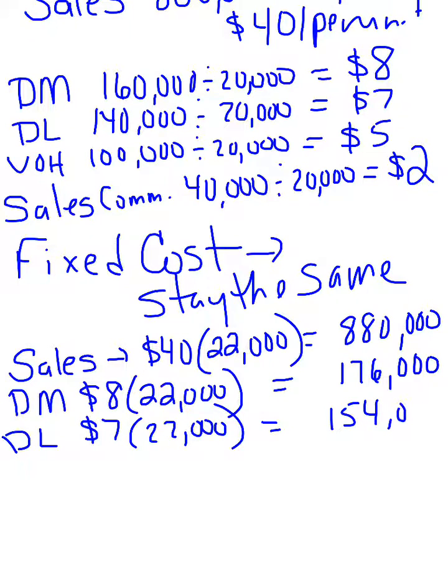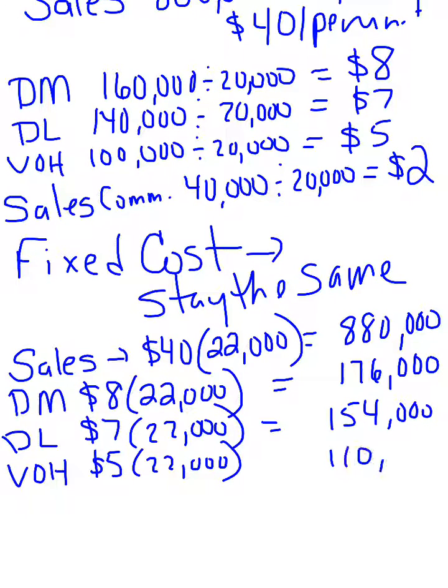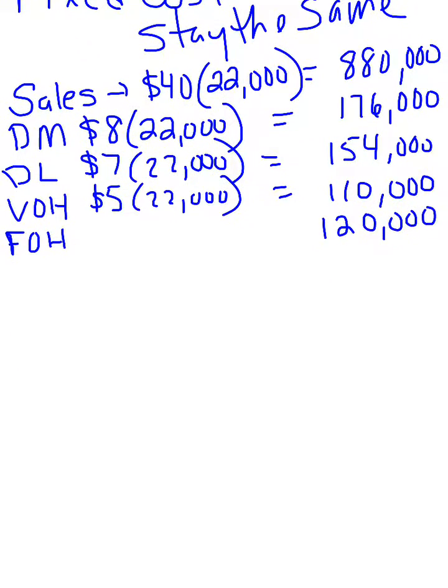We would then take these amounts and multiply them by the new amount, which is the 22,000 units. $40 times 22,000 units is equal to $880,000. $8 times 22,000 units gives us $176,000.